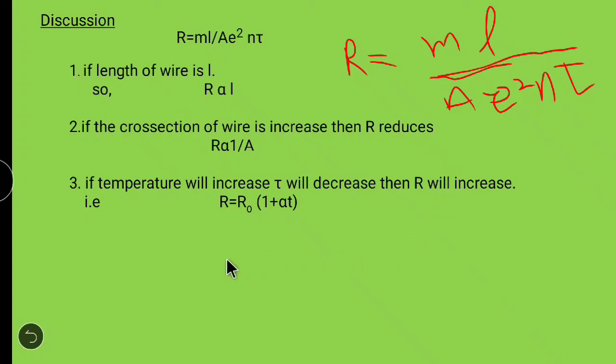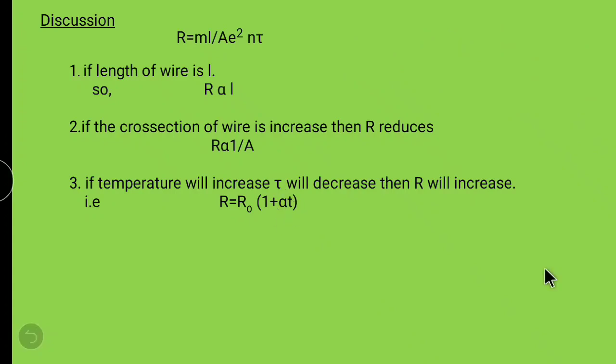And this is the formula: R is equal to R naught bracket 1 plus alpha T. Alpha is the temperature coefficient of resistance. Students, let me explain more about alpha. Alpha is nothing but the fractional change in resistance per unit change in temperature.